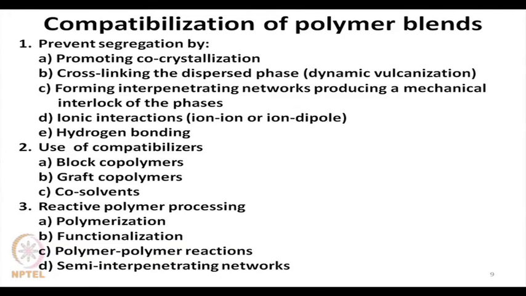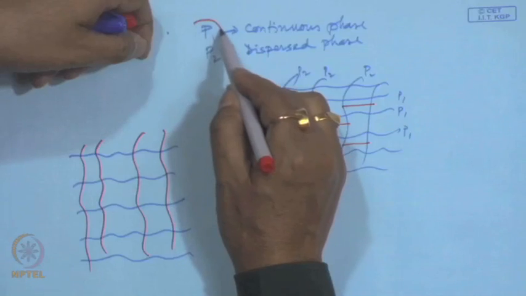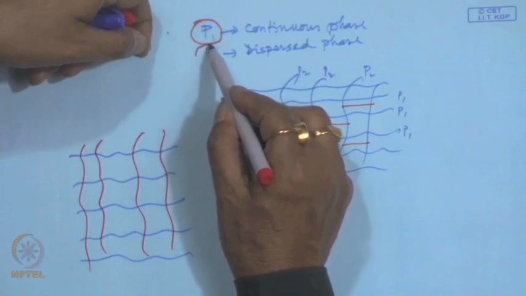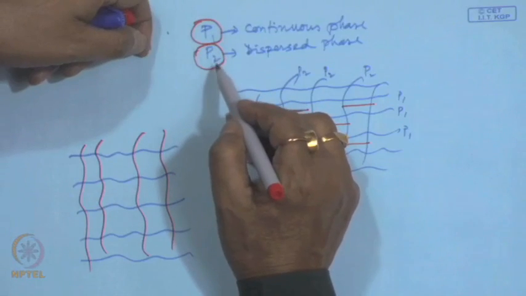Then ionic interactions, say polar interactions. Say P1 can have some ionic group. Now, the ionic groups of P1 can interact with some other ionic group of P2.